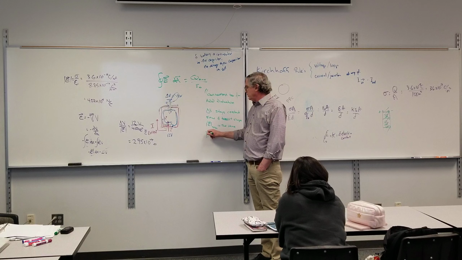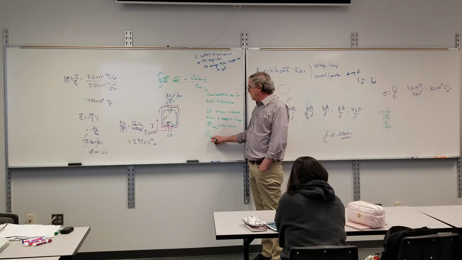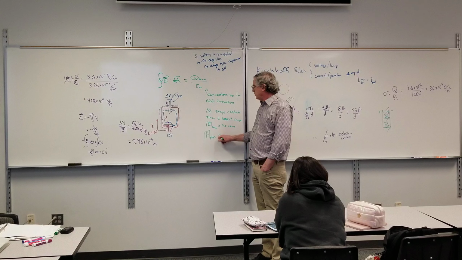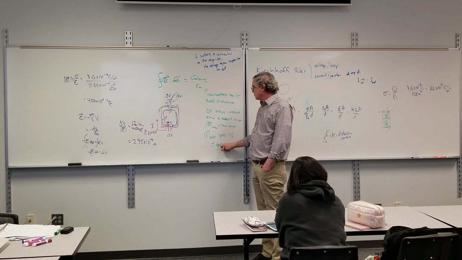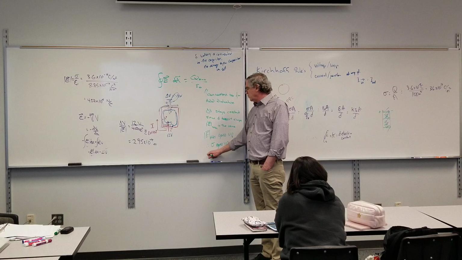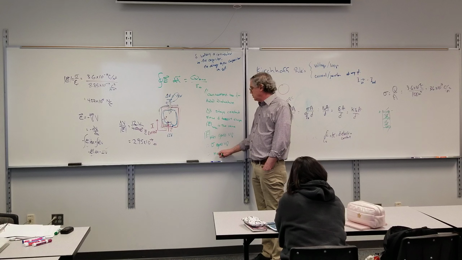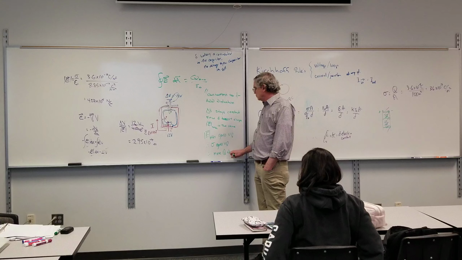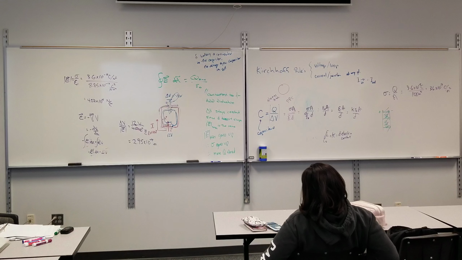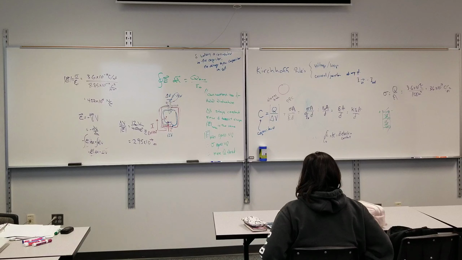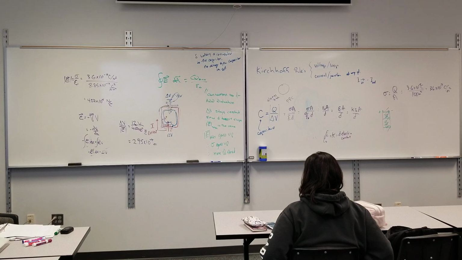The electric field from the plates goes up. Therefore, my surface charge density goes up. Therefore, more charge stored. There's probably a shorter way of getting there, but figure that out on your own.